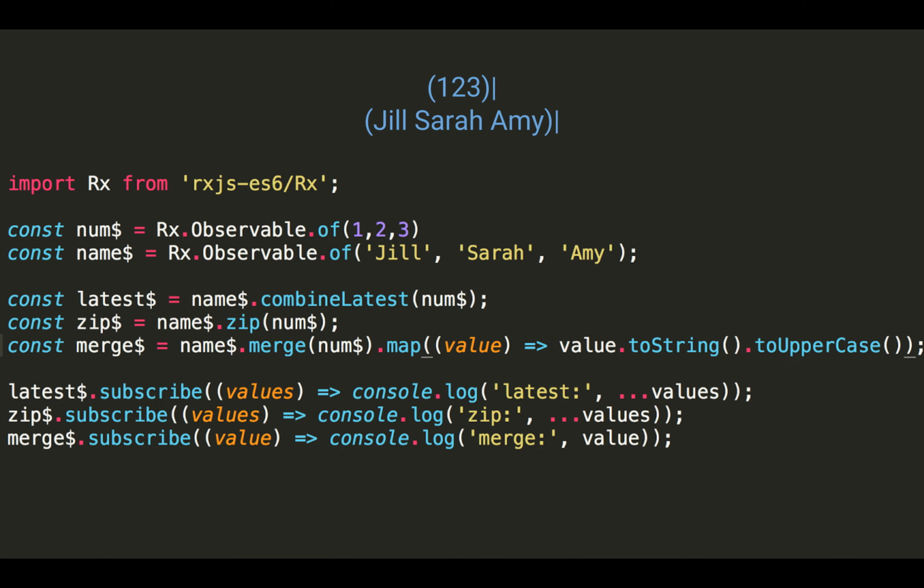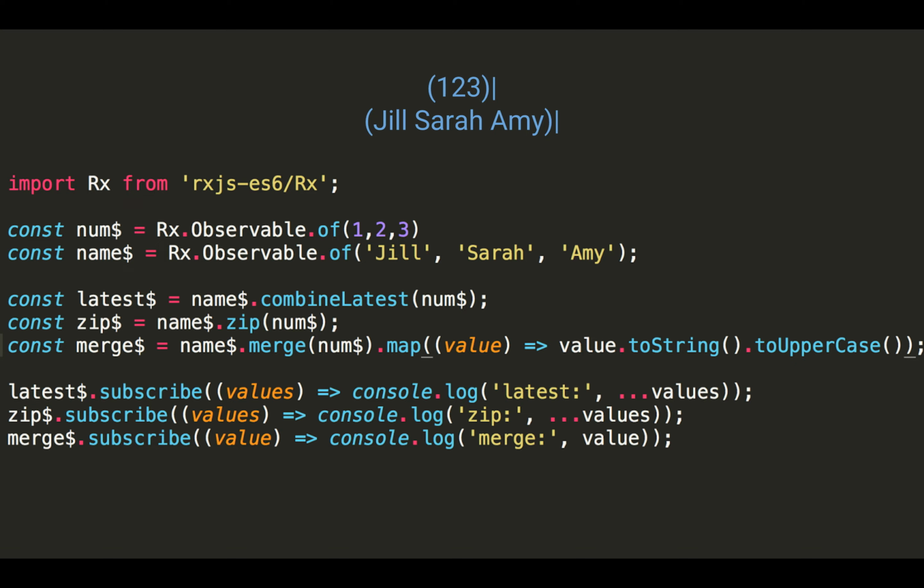And then we're going to look at 3 different techniques for combining those 2 streams. So the first example, we're creating a stream called latest, and it's using this operator called combine latest to combine the name stream with the number stream. And the second one is using the name stream and the operator zip to combine it with the number stream. And the last one is using the name stream and the operator merge to combine it with the number stream.